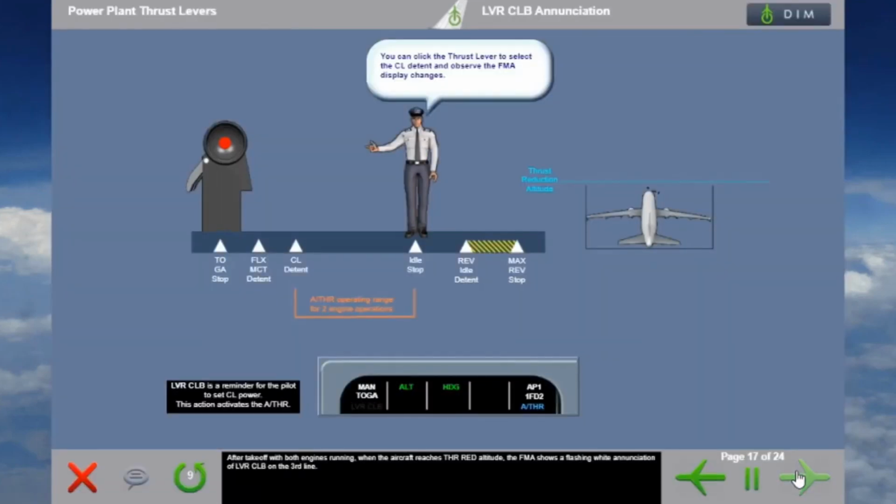After takeoff with both engines running, when the aircraft reaches thrust reduction altitude, the FMA shows a flashing white annunciation of LVR CLB on the third line.